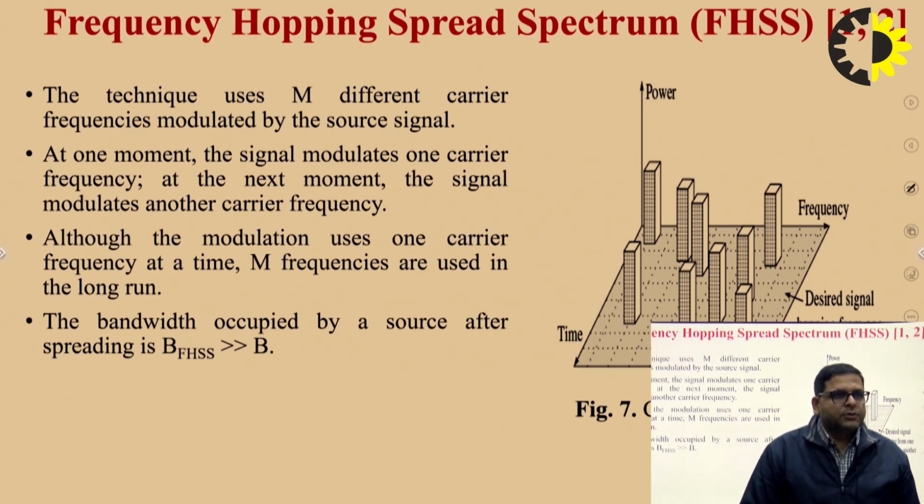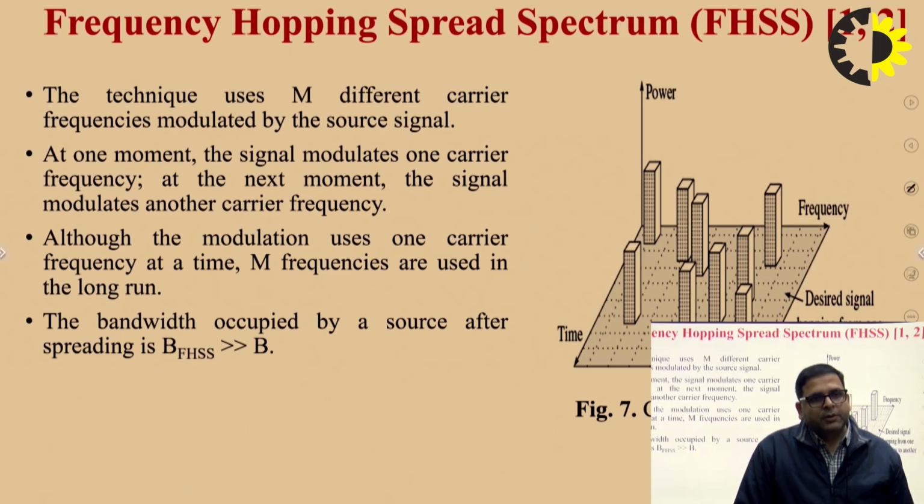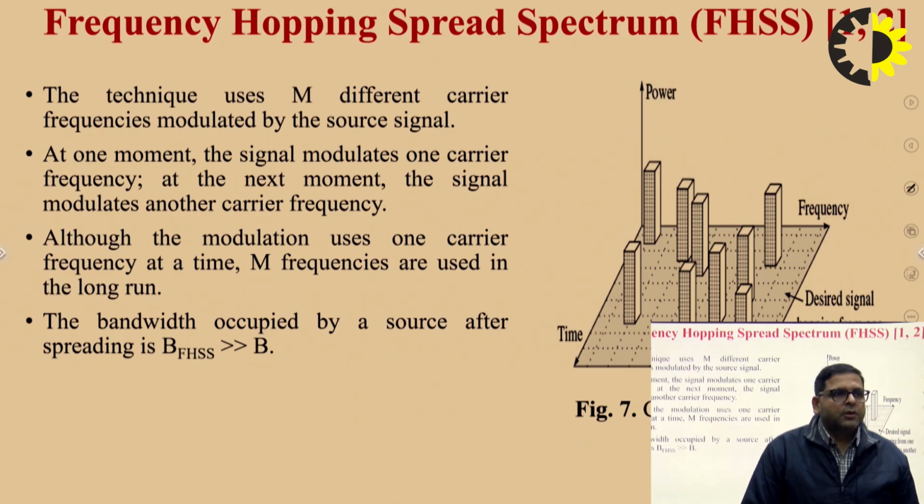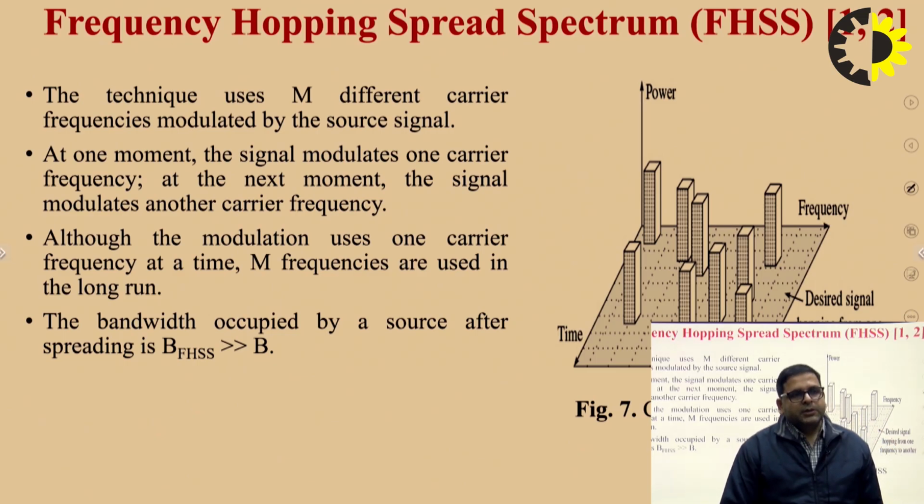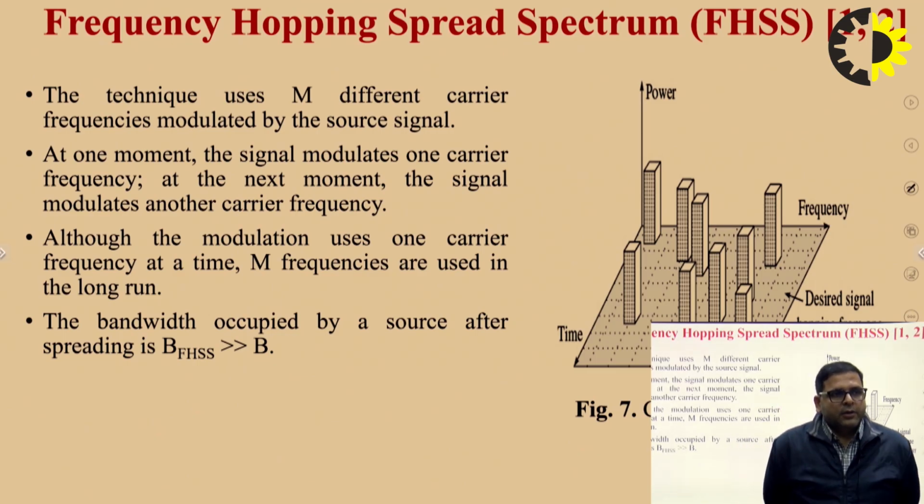We use m different carrier frequencies modulated by the source signal. At a particular instant, the signal modulates one carrier frequency, but at the next time, the signal modulates another carrier frequency. Although the modulation scheme uses one carrier frequency at a time, m frequencies are used in the long run.